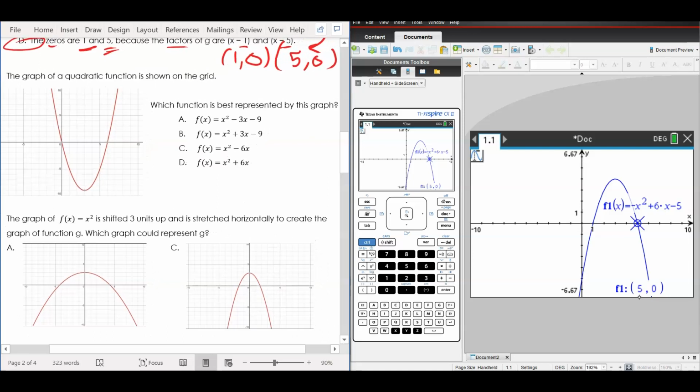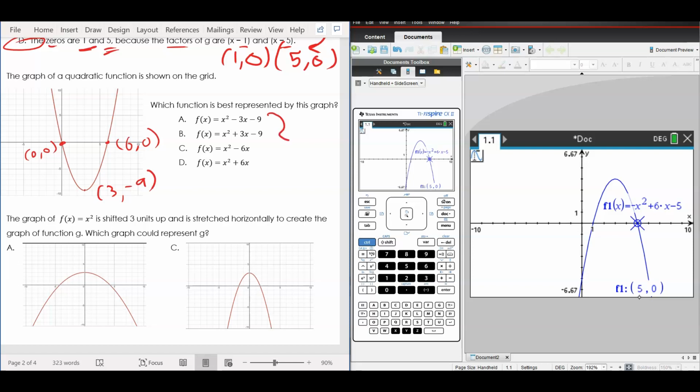Okay. Well, we can see that it's here at (0, 0), (6, 0), and then this point is 1, 2, 3, (3, -9). Okay. Now there's a few ways to do this.